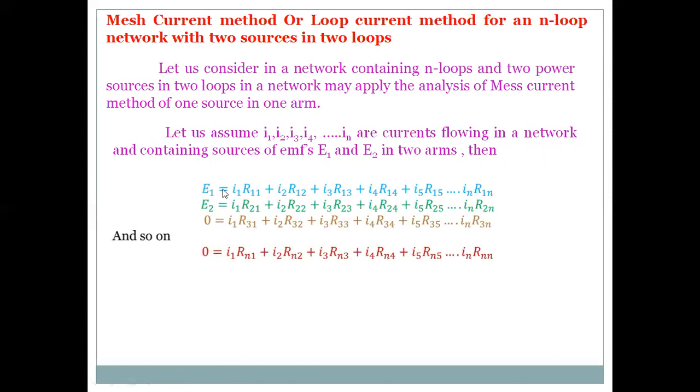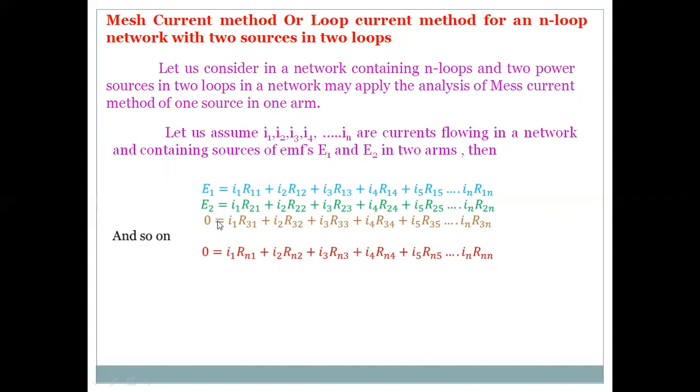That is, E1, for the first mesh, is equal to I1 R11 plus I2 R12 plus I3 R13 and so on, plus IN R1N. For the second mesh, E2 is the voltage source, so E2 is equal to I1 R21 plus I2 R22 plus I3 R23 and so on, plus IN R2N.